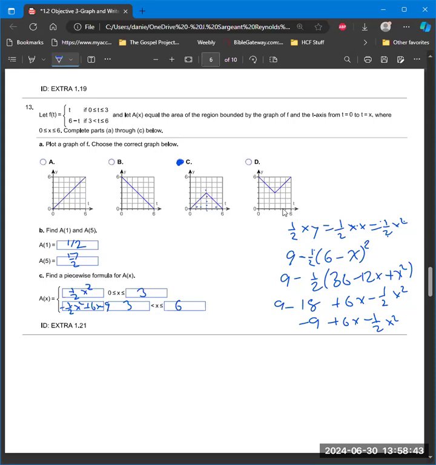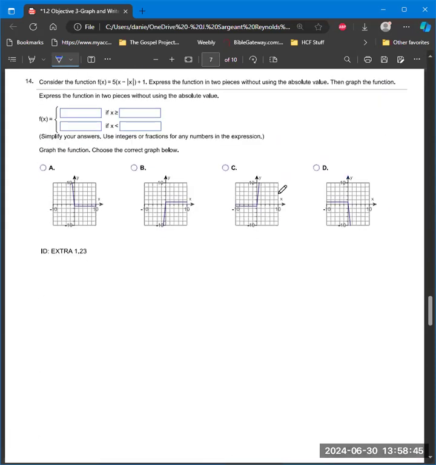Got one more problem here, and that's to write this as a piecewise defined function. Remember that the absolute value of x is equal to x if x is greater than or equal to 0, and the absolute value of x is equal to a negative x if x is less than 0. So I can write that as a piecewise defined function like this, and I'm just going to make those substitutions here.